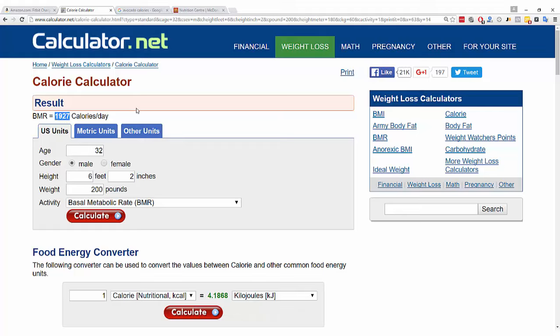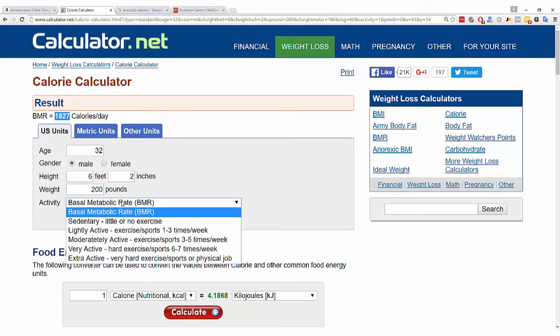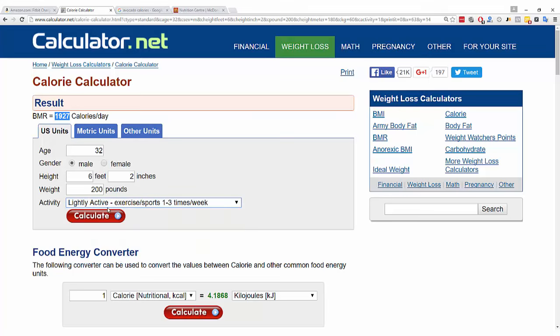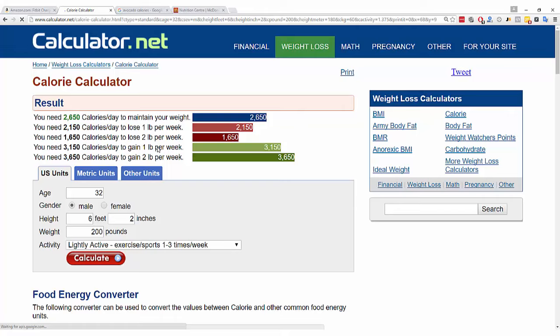There is not much you can do with this number alone, but this calculator does a lot of other calculations. Usually you can take BMR as your base to calculate how many calories you burn based on your activity level during the day. But this is just an example to show you that BMR is going to be lower than your normal calorie burn with some activity level. So let's get back to this number.